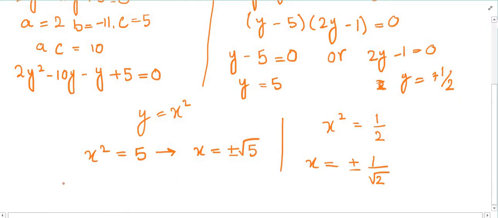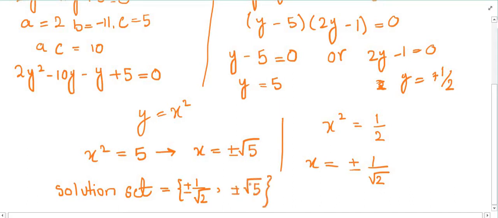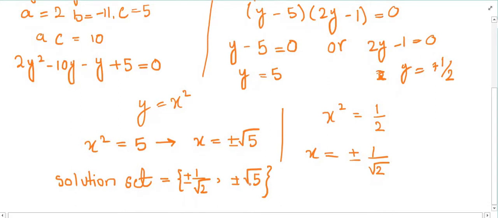That means the solution set is plus minus 1 by square root 2 and plus minus square root 5. This is the solution set.